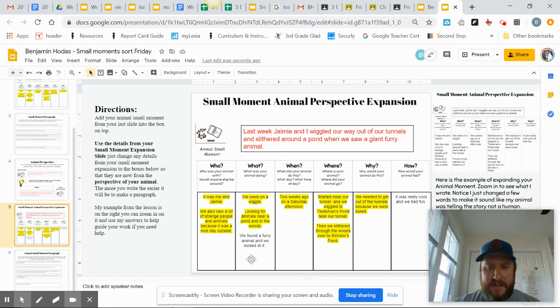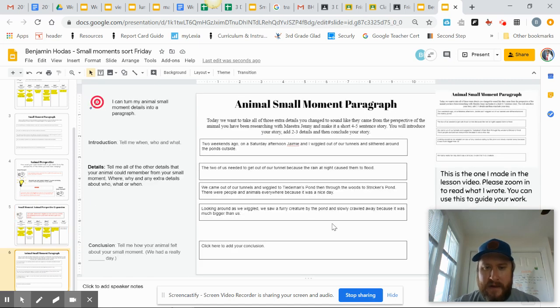So that started with, we found a furry animal and looked at it. When I was typing that in, I was thinking, well, they might not just stare at this big furry creature. It's probably pretty scary when you're just a little bitty worm and there's this big animal. So I'm thinking maybe they were a little bit worried or scared so that they crawled away.